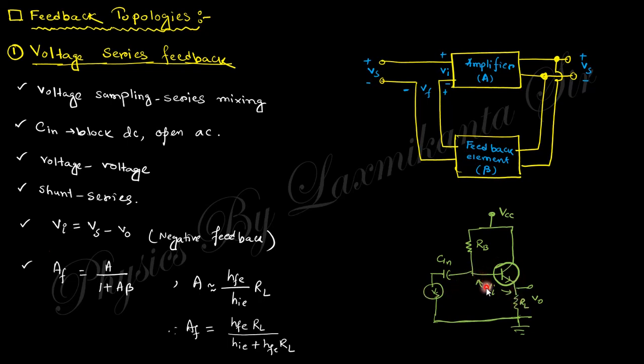The capacitor C is used for blocking the DC part and passing the AC part. So Vi is nothing but Vs minus Vf for negative feedback, and finally AF equals like that, and in terms of the transistor, AF will be like that.